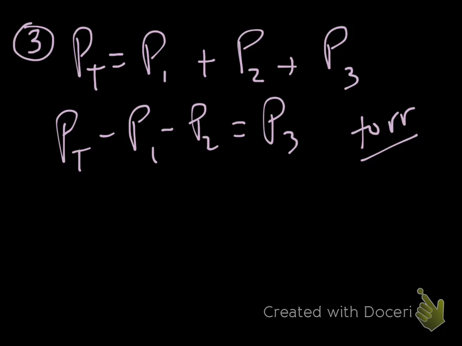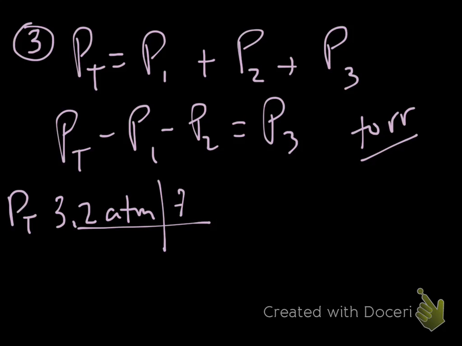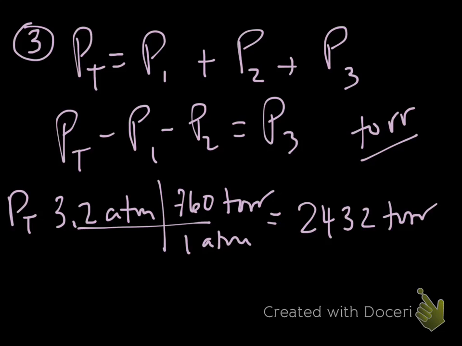So you were given P total as 3.2 ATMs. You had to convert that. 760 torr is 1 ATM, so you get 2,432 torr. P1 was given to you in torr, so you didn't have to do any conversion. But we'll list it here.